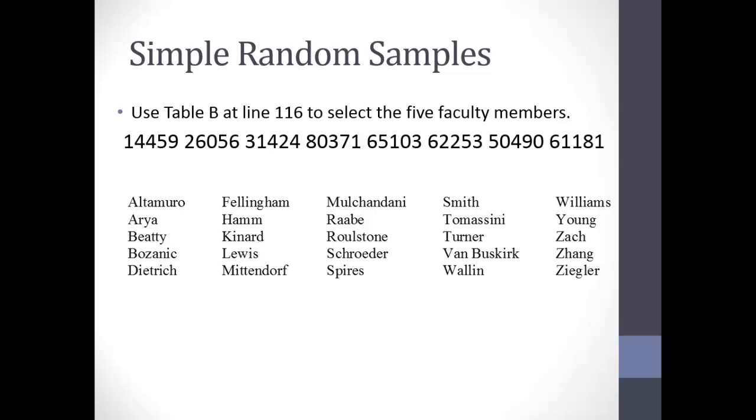So what I first want to do is give everybody in my population, and this is my population, a label of the same length. If you count those up, I have 25 people, so I want to give everybody a two-digit code or label.